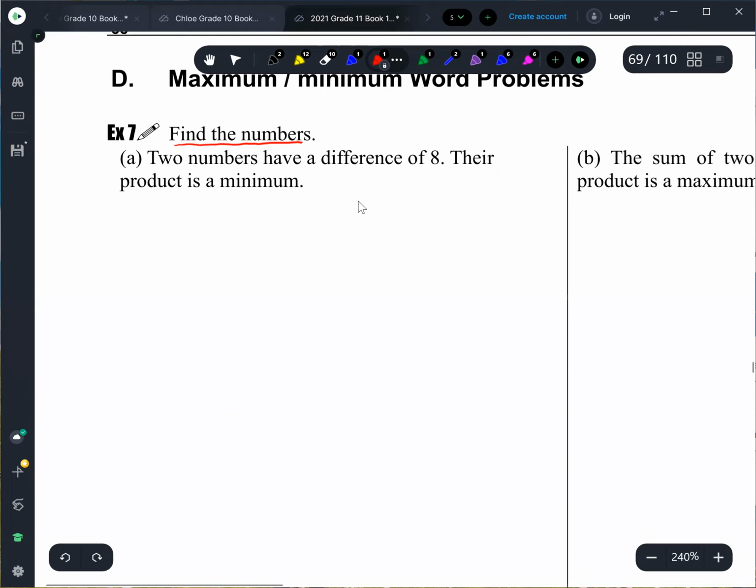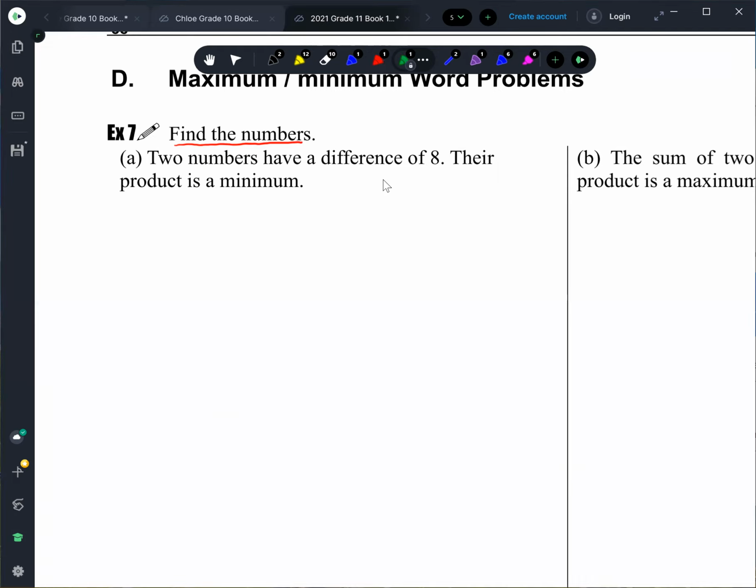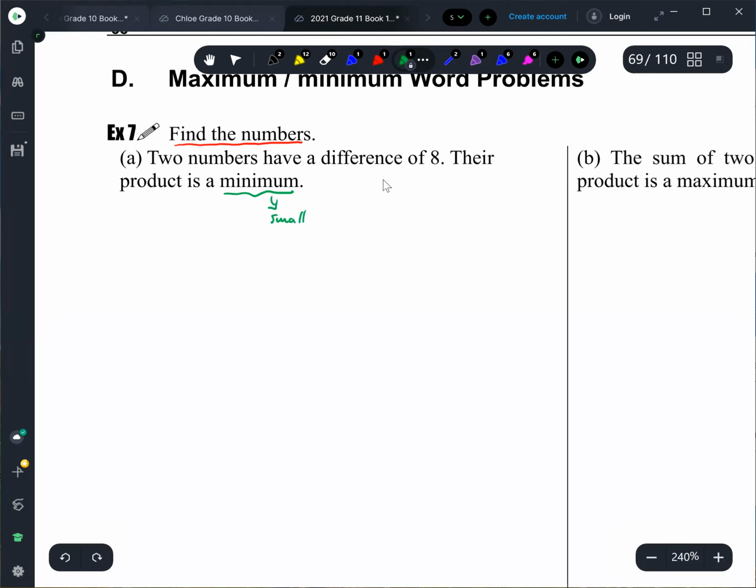Okay, is there any word that you are not sure what it means? Yeah, Henry? When it says their product is a minimum, that means the smallest number, right? Yeah, minimum means the smallest. Let's write that down. Any other words? Okay, what does product mean?